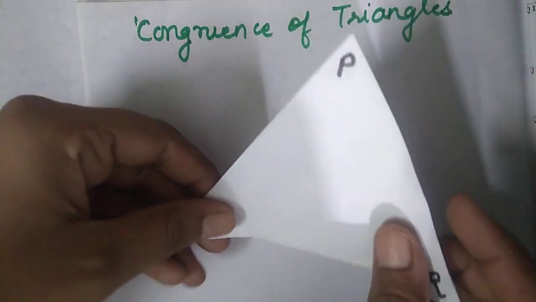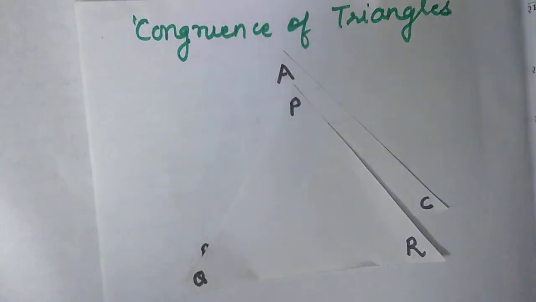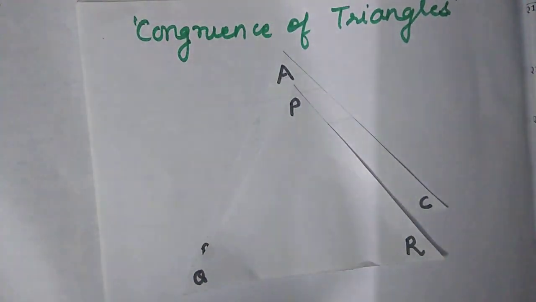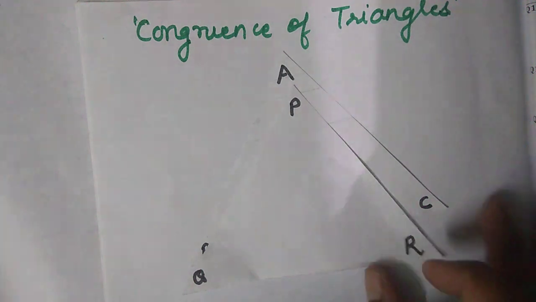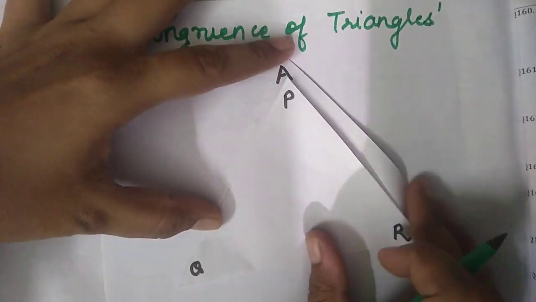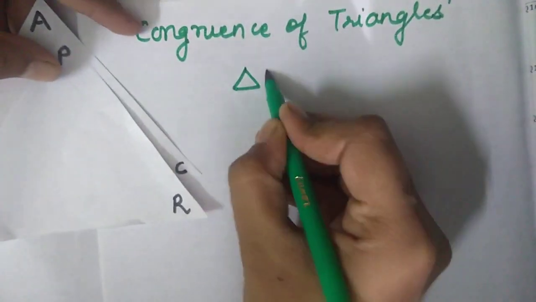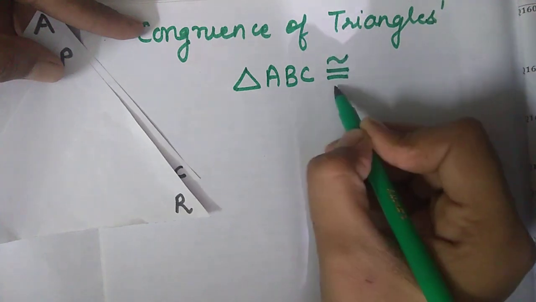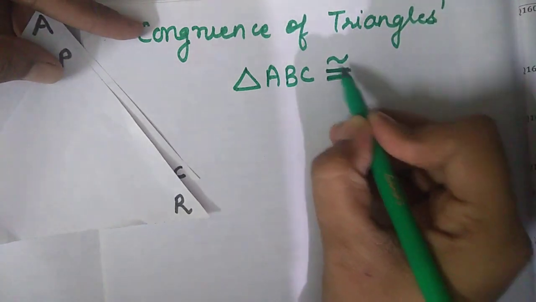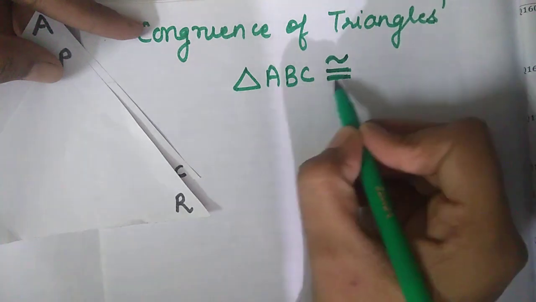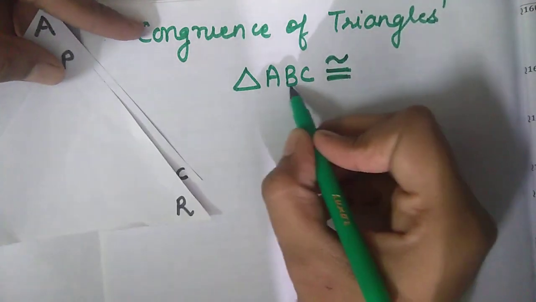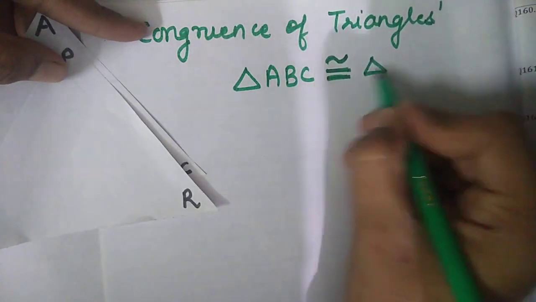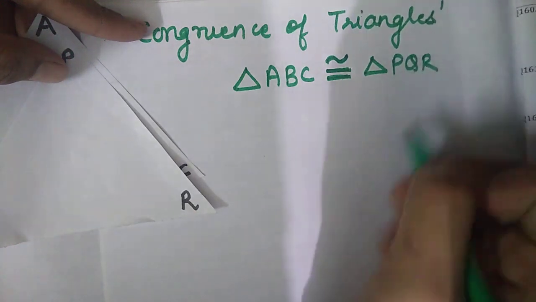And how will you express this in writing? How can you say that triangle ABC is congruent to triangle PQR? That is written as triangle ABC, then the sign of congruent, which is equal to with a line above, and then triangle PQR.